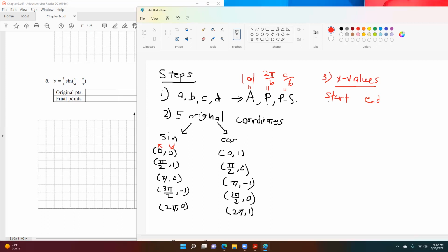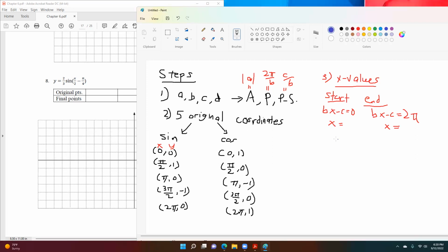You start from Bx minus C equals 0, and you solve for x. It ends at Bx minus C equals 2 pi. So the starting point and the ending point.